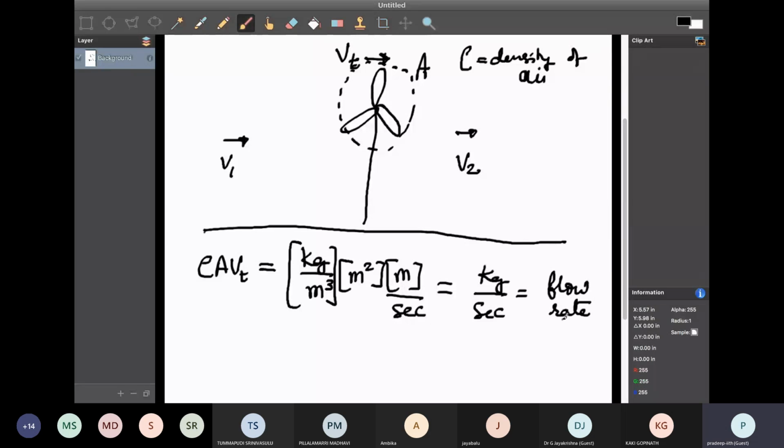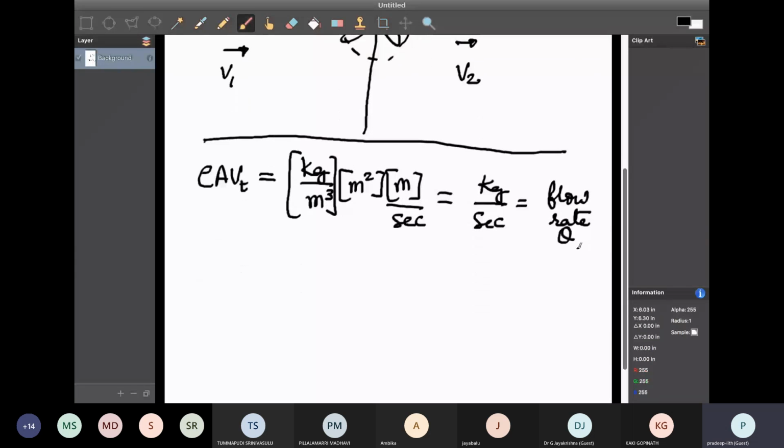Just now we were discussing flow rate Q. And what is the value of Q? So the value of Q, it was what we calculated. No, we actually calculated Pm into V1 square minus V2 square. So this is what we calculated before.